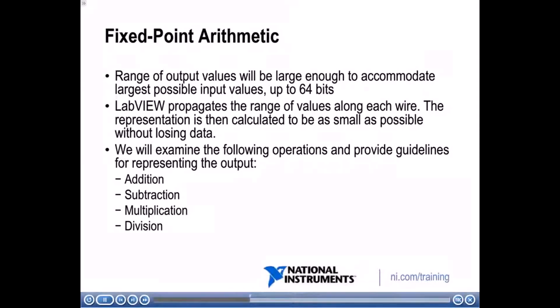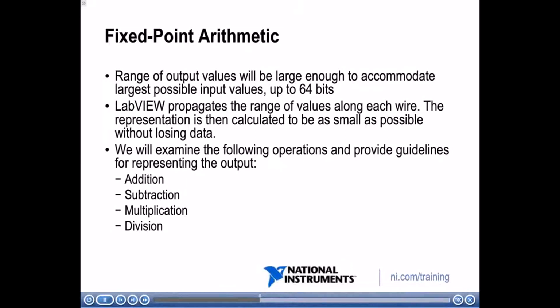So let's look at the second bullet. LabVIEW is going to propagate the range of those values along each wire. The representation is then calculated to be as small as possible without losing data. As you're using these fixed point arithmetic functions, it's going to propagate these ranges throughout the wire. As you go through different arithmetic functions, each function is going to keep adjusting the output to make sure that you're not losing any data. In some cases, it's going to have to grow that fixed point configuration to be larger so it can accommodate the largest possible values that could come out of it.